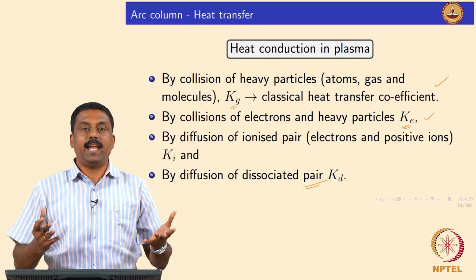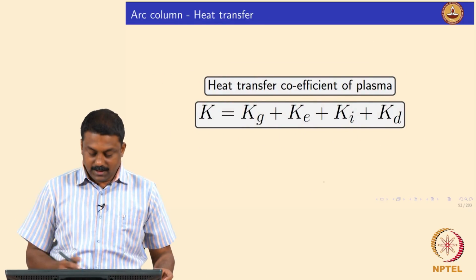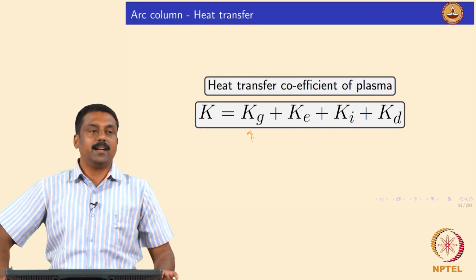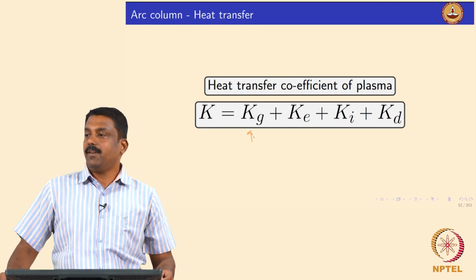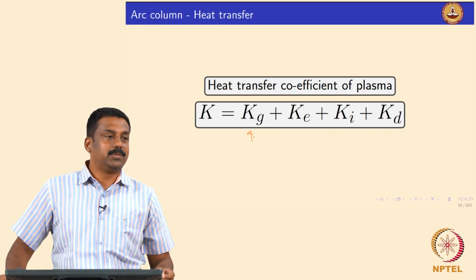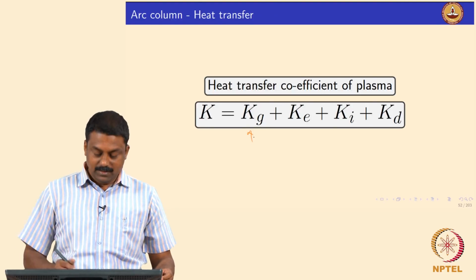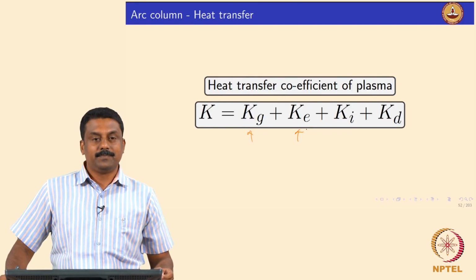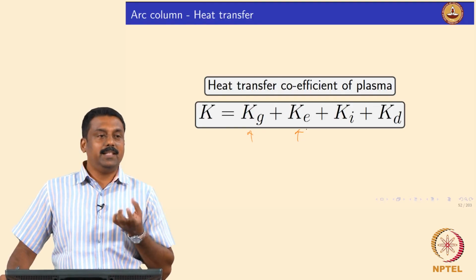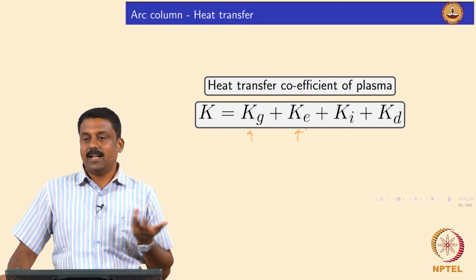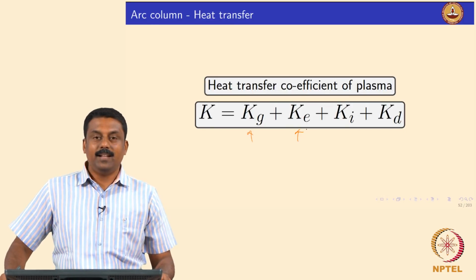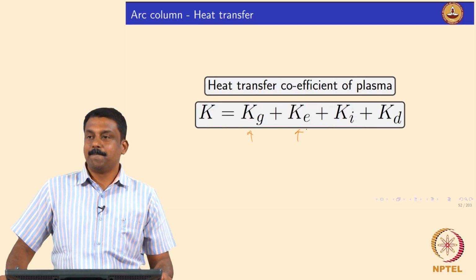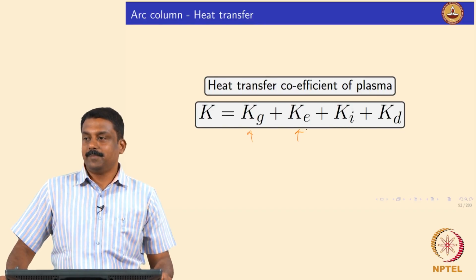Okay. So, the total K of an arc is nothing but Kg, that is the classical heat transfer coefficient by the collision of heavy particles, atoms and molecules, and then the collision of electrons and heavy particles. The electrons carry a huge amount of heat, they also have a much higher drift velocity, and they determine the electric current in an arc, we just saw, isn't it?